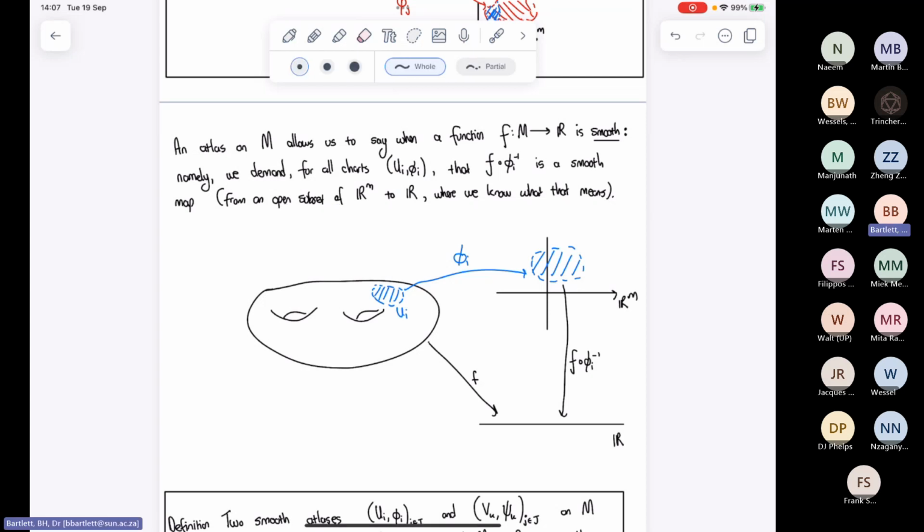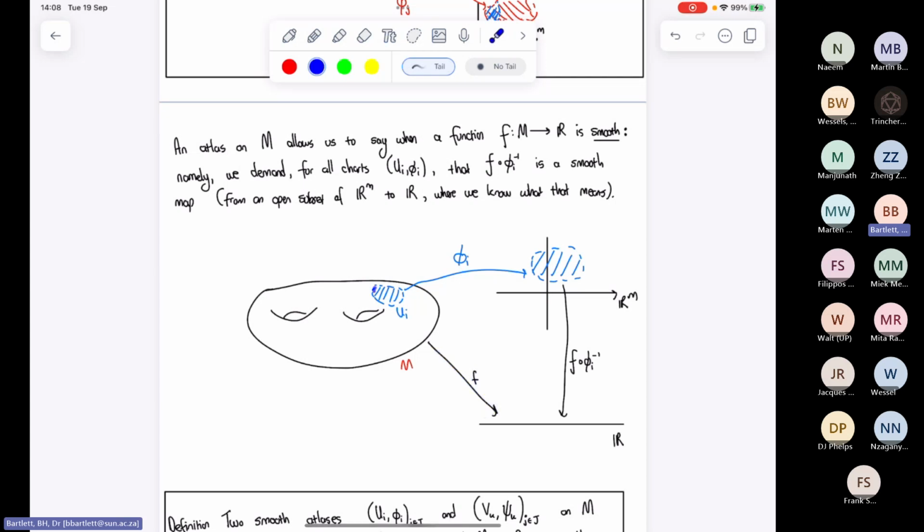Here we've got a map F from M into R, and I now have the ability to say whether this map F is smooth or not.